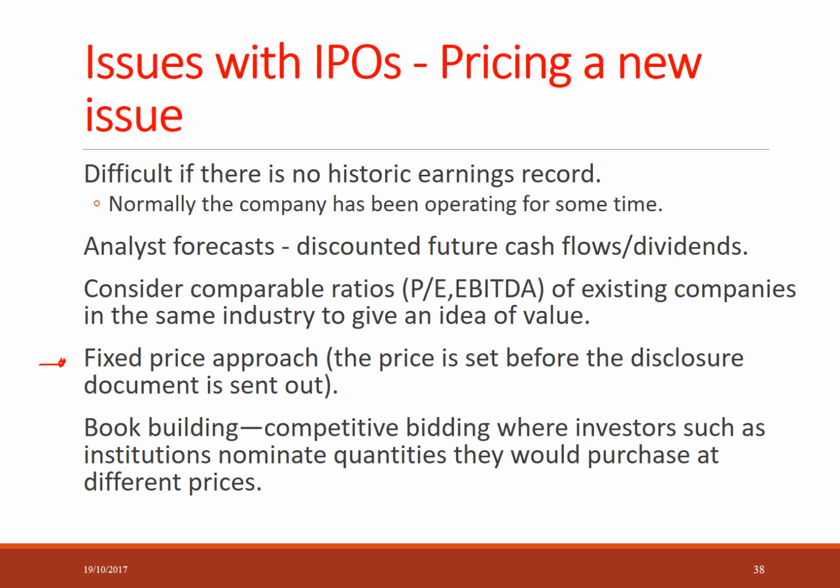They could either fix the price and offer a fixed price to all investors, or they could do a book building process where the investment banker goes around and surveys the demand for the shares from other institutions. Based on the quantity of demand, they would then calculate the price accordingly.